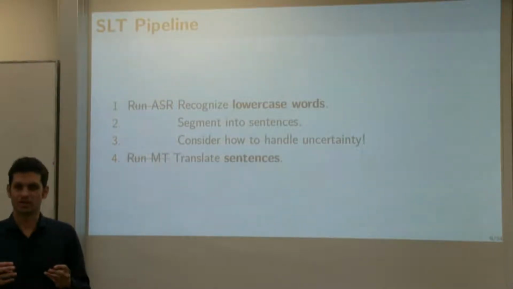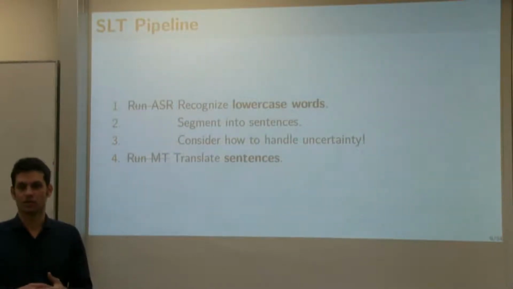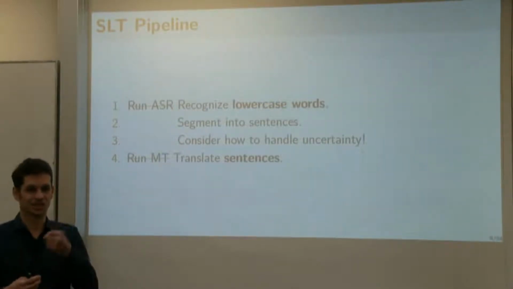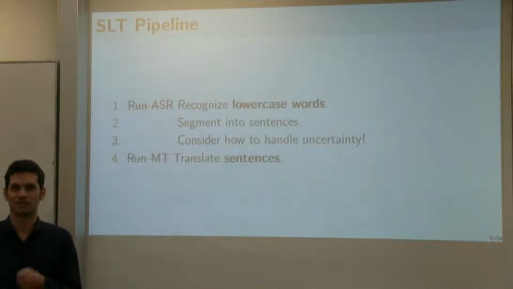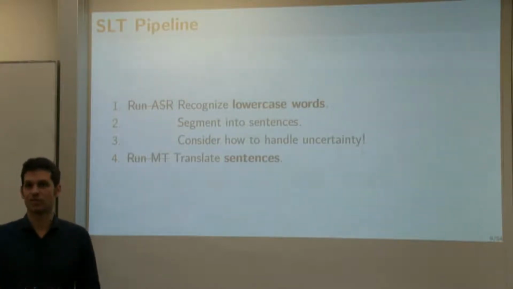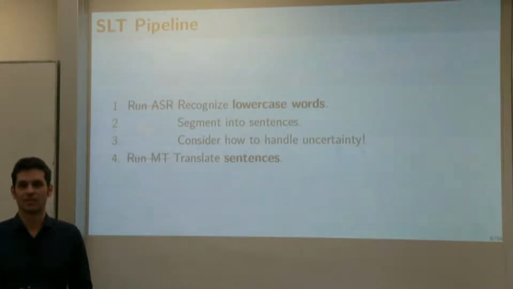So if the ASR is not sure, for example, if I say ice cream, it could be the delicious cold thing that you eat in the summer, or I could be mentioning that I'm screaming because I got afraid of something.